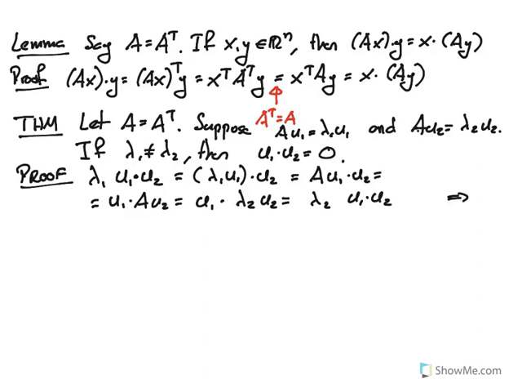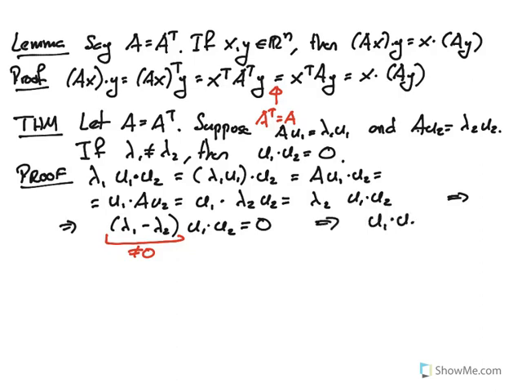So now this I can write as lambda 1 minus lambda 2 times the inner product between u1 and u2 is 0. And by assumption, I know that lambda 1 minus lambda 2 is not 0, so then it must be the case that u1 dot u2 is 0, which is precisely what we wanted to prove.